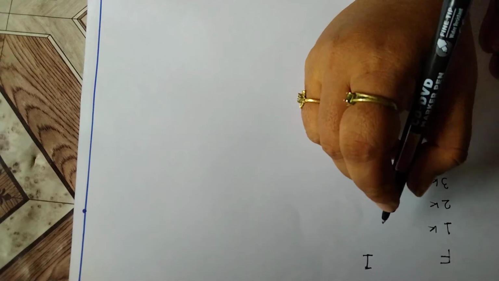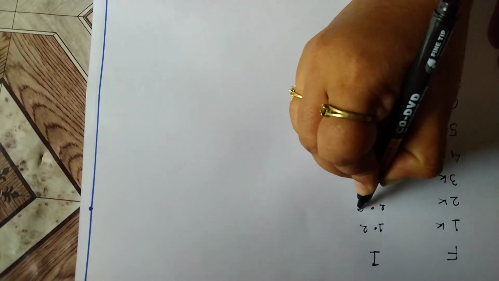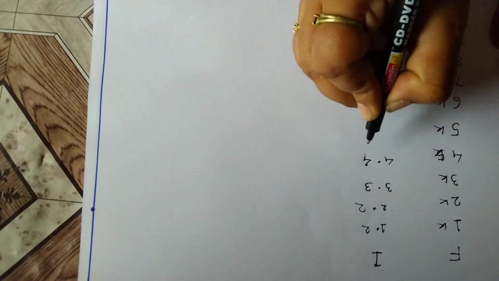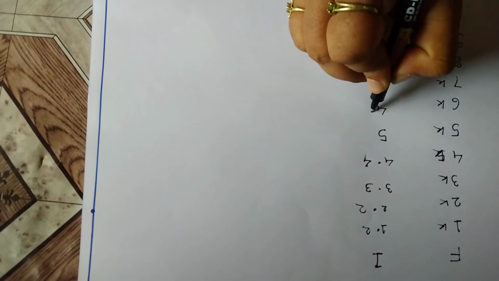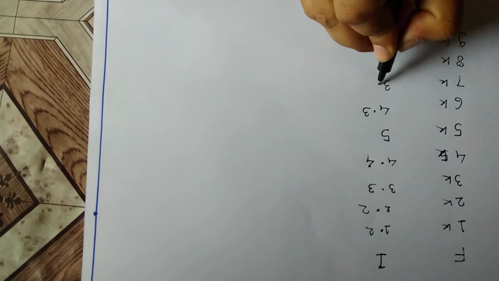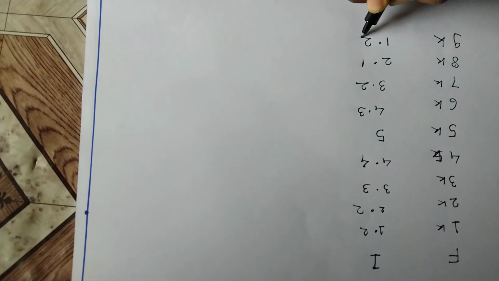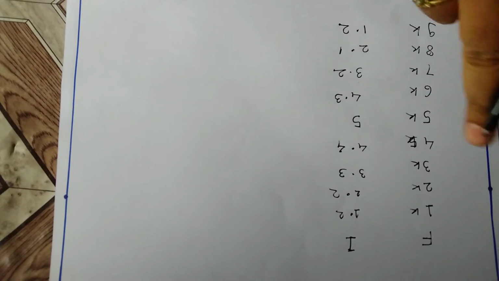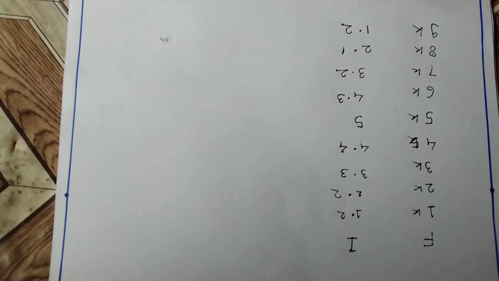And the corresponding I values we get are 1.2, 2.2, 3.3, 4.4, and 5, then 4.3, 3.2, 2.1, 1.2.